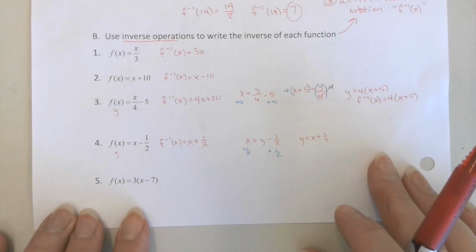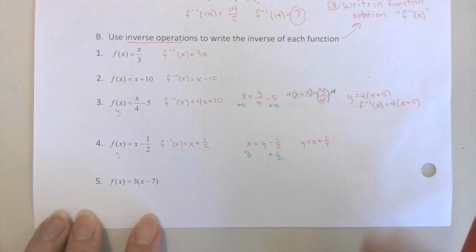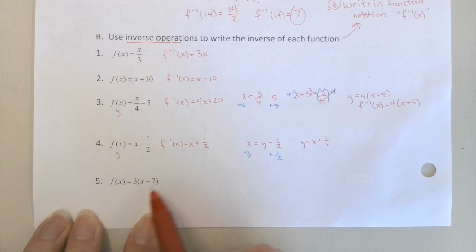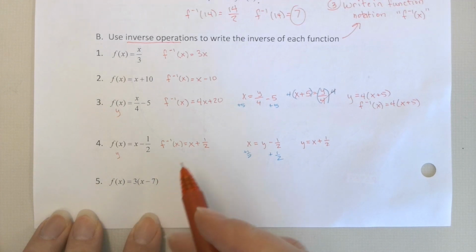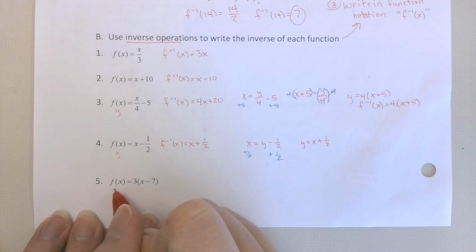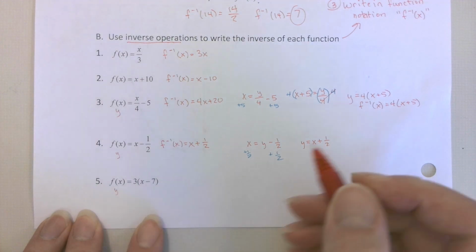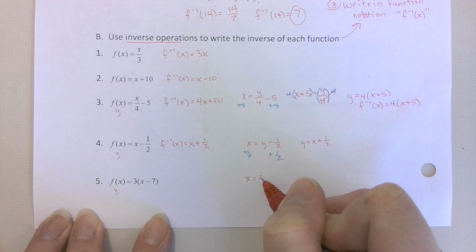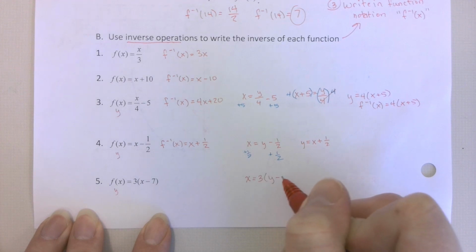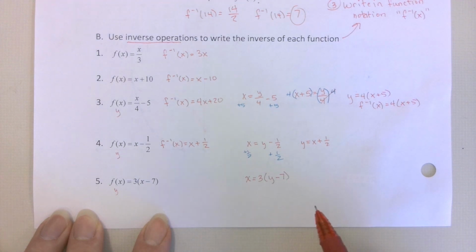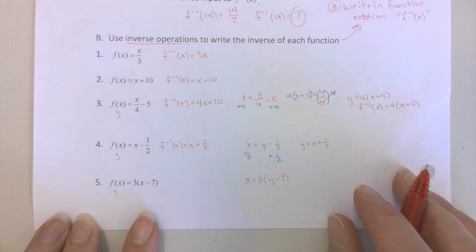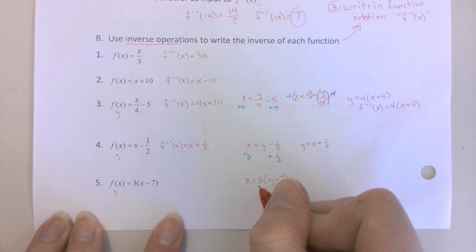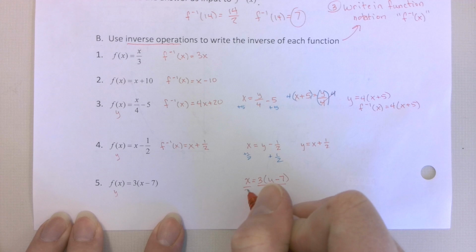And then we look at this, and we have, again, two operations that we have to invert. So I think it is in our best interest to replace the y and go ahead and switch to x equals 3 times the quantity y minus 7. Now there's two ways to do this problem. I would divide by 3 to get that out of there.